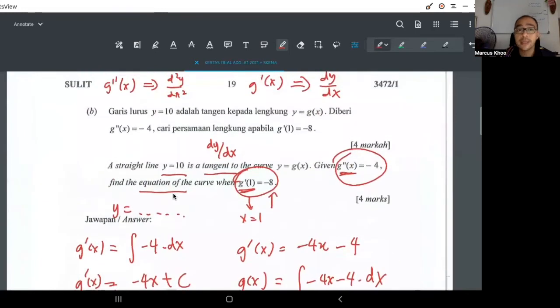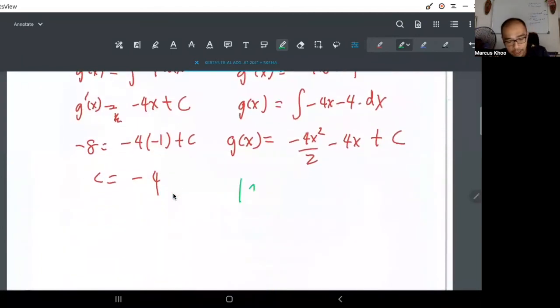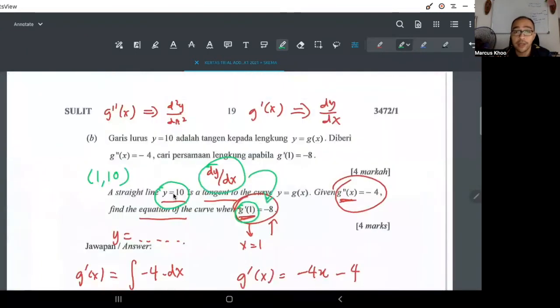But what this question is telling you, without being very direct about it, is that when y equals 10, x equals 1, because dy/dx at that point is negative 8. It is actually telling you that the coordinate is (1, 10). So you have g(x) which is 10 and x which is 1. You can find the value of c.